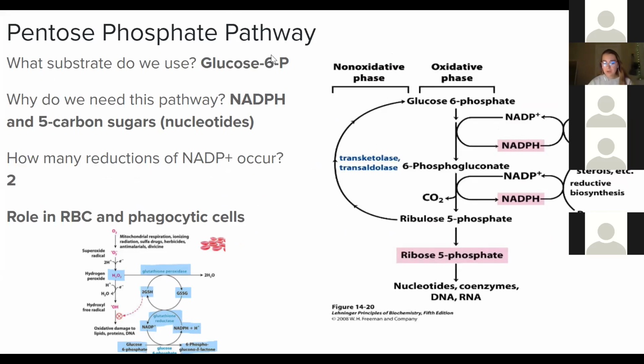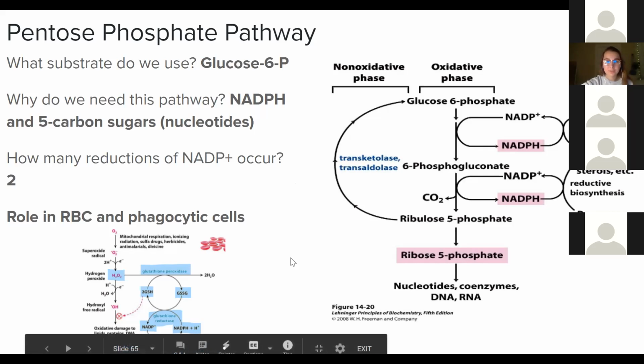So we carry out this pathway in an effort to increase cellular concentrations of NADPH in addition to 5-carbon sugars. And the reason that we do that is because this process very commonly occurs in cells where we need NADPH as a reducing agent. For example, our erythrocytes or red blood cells, or phagocytes, as I'll briefly cover later.